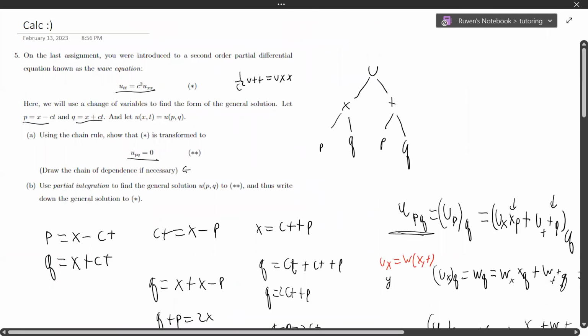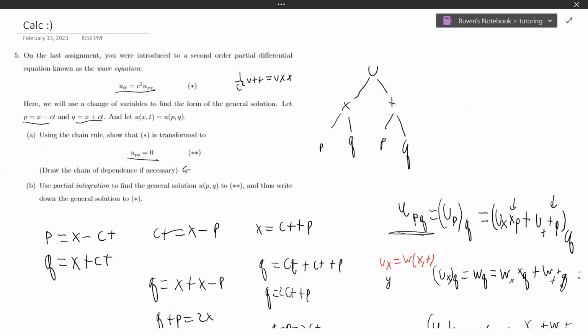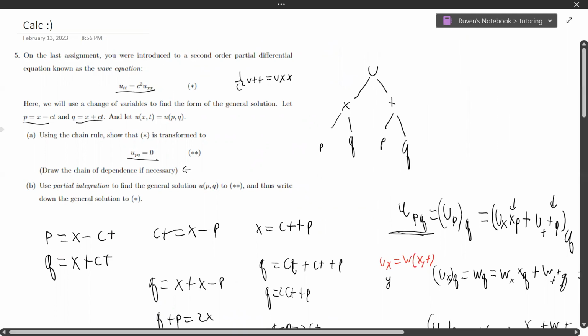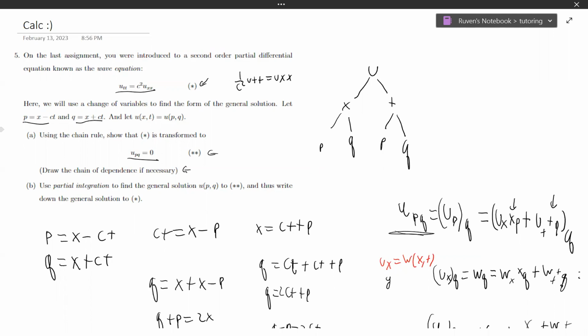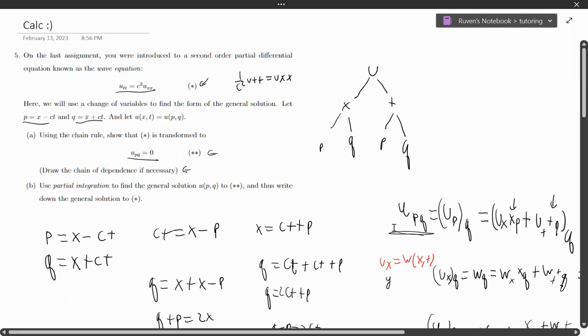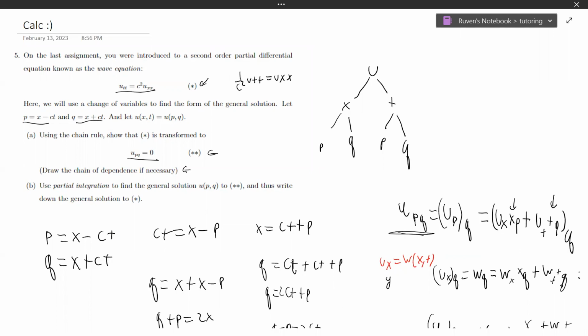So now it's saying, use partial integration to find the general solution UPQ to star star, which is over here. And let's write down the general solution for star, which is over here. Okay, let's do it.